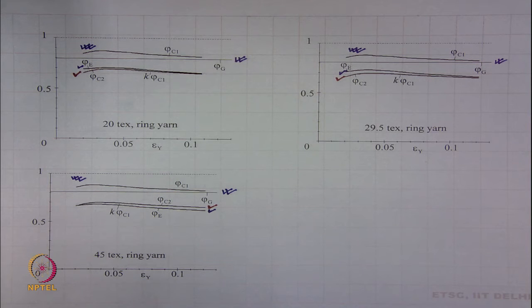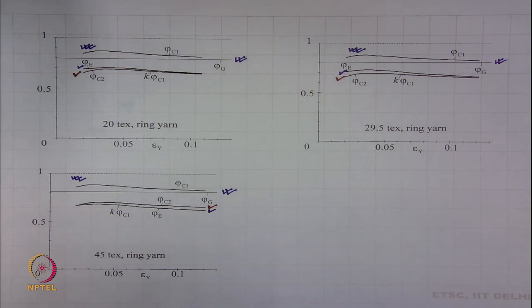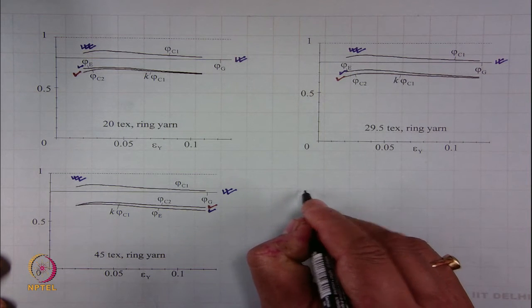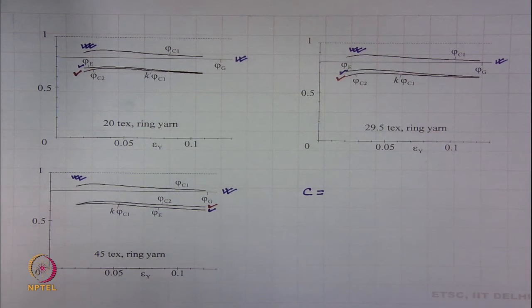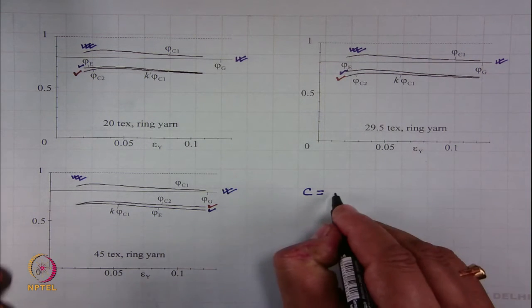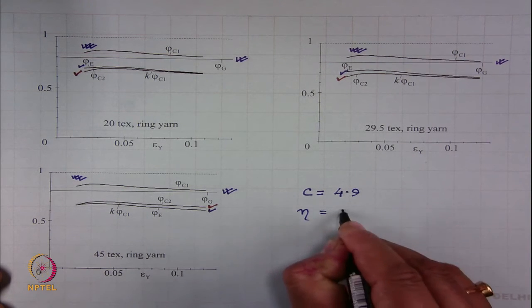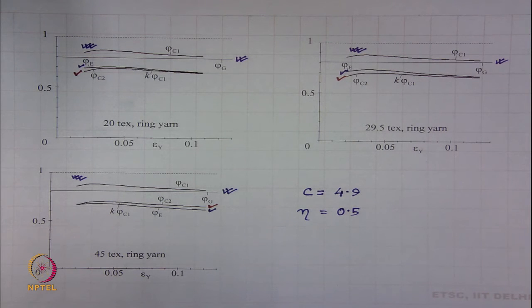And for this phi subscript C2, the value of C was considered to be 4.9 and eta was considered to be 0.5.